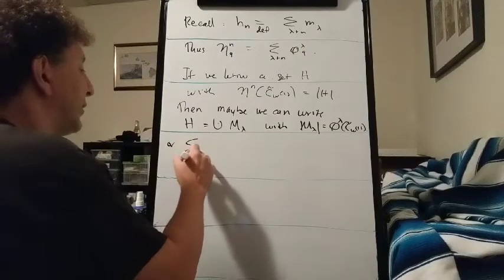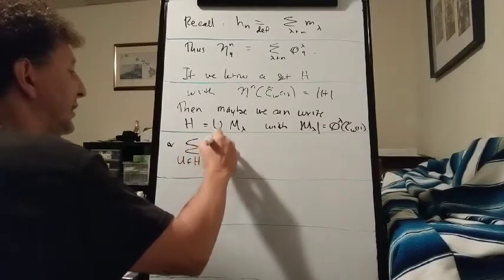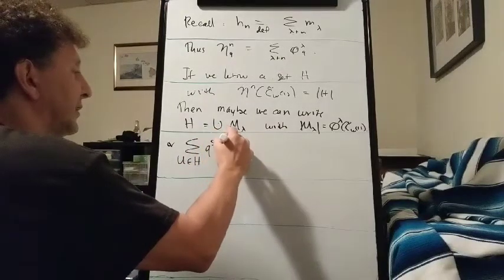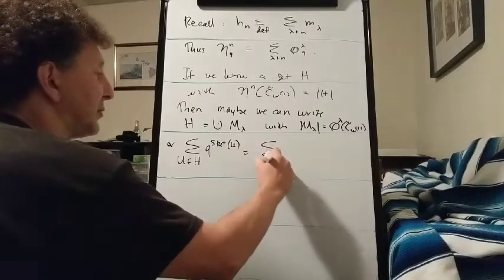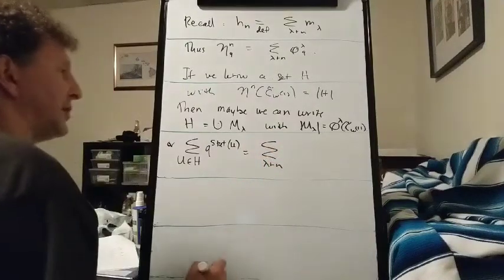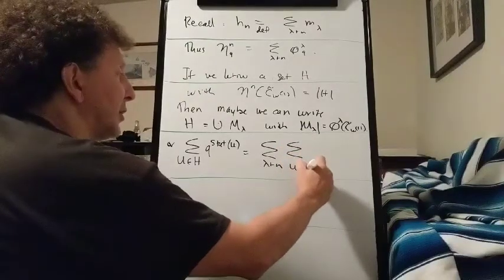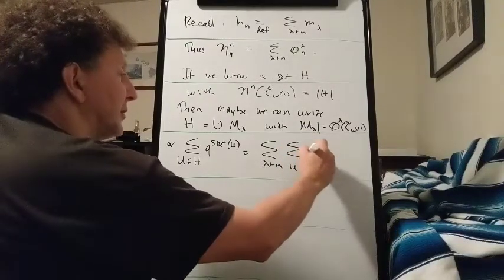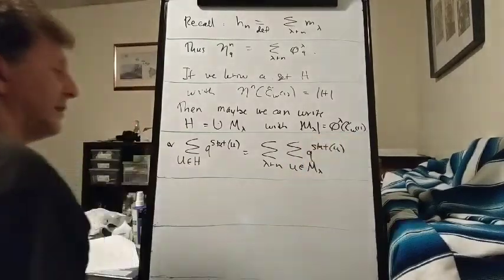Or if we're summing over, say, all tableaux in H, q to some statistic of the tableau, maybe that's equal to a sum over all partitions of n, a sum over all tableaux in the set m lambda, q to that statistic applied to the tableau u.